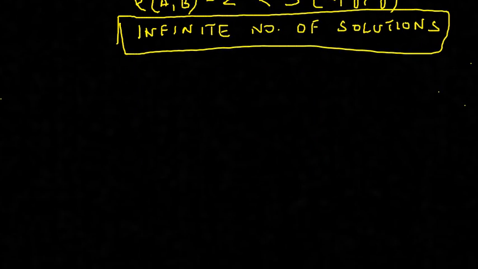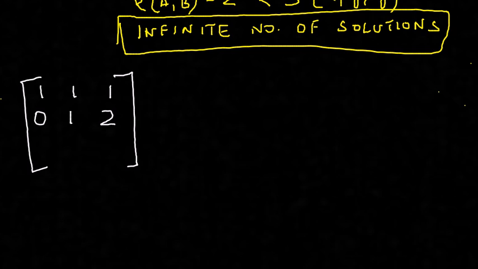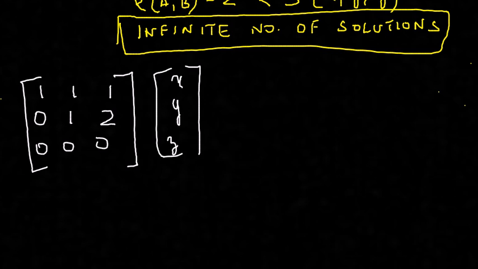if I write it in the form of a matrix equation, it would be like this, right? So it would be 1 1 1, 0 1 2, 0 0 0. This when I multiply with x, y and z, the resultant I get is 6, 8 and 0.